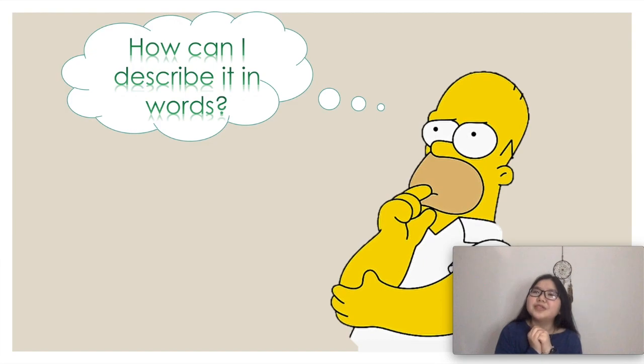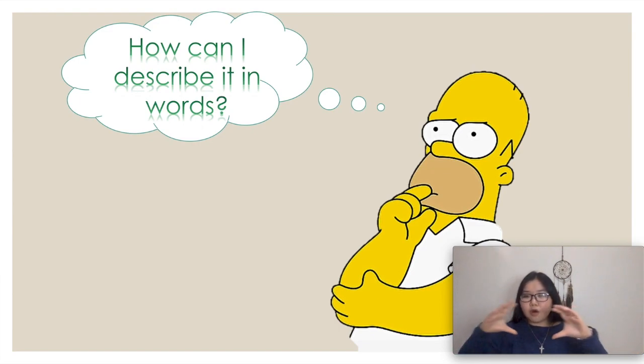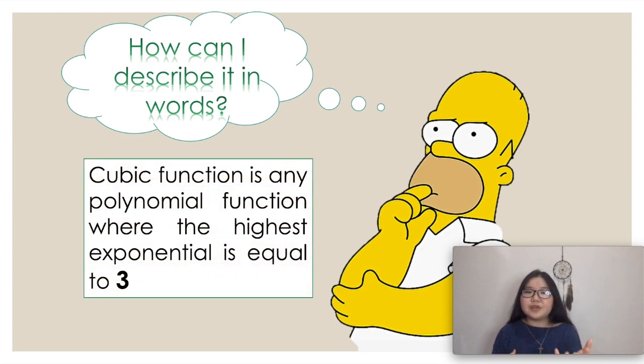Some people may still wonder why I can't describe it in words. Because technically it's quite hard to understand deeply what a cubic function is. You know the original form, but you still cannot understand what exactly it is or get an overview. So let me give you the definition.